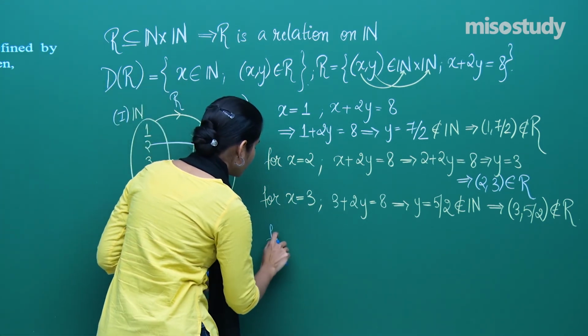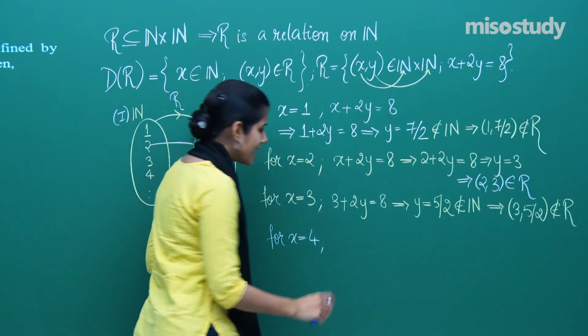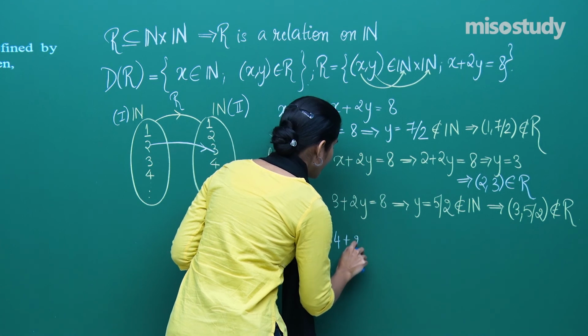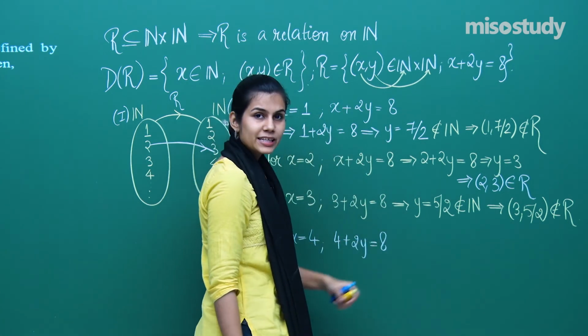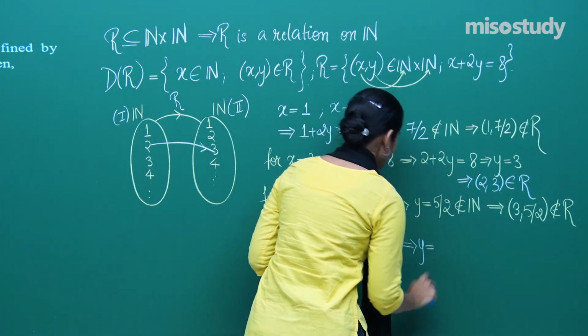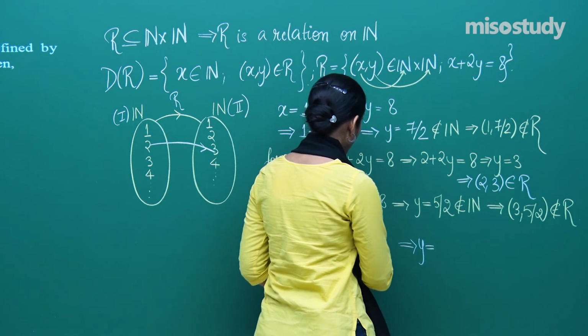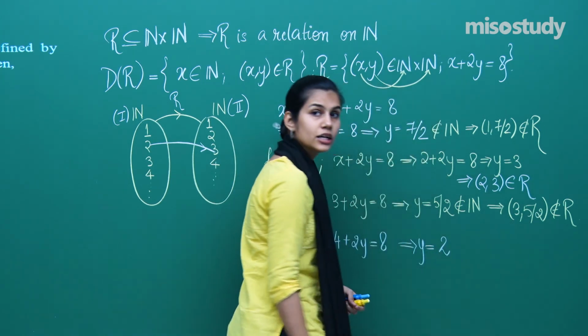For x equals 4, if I try and check, I have 4 plus 2y equals 8. 8 minus 4 is 4, and 4 divided by 2 comes out to be 2.